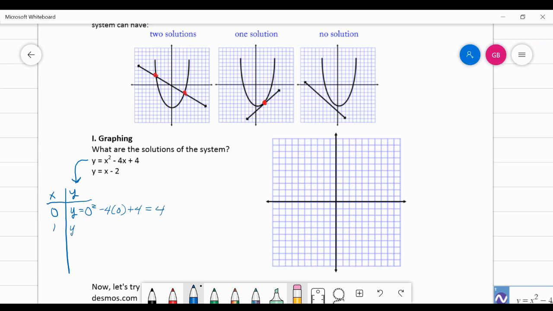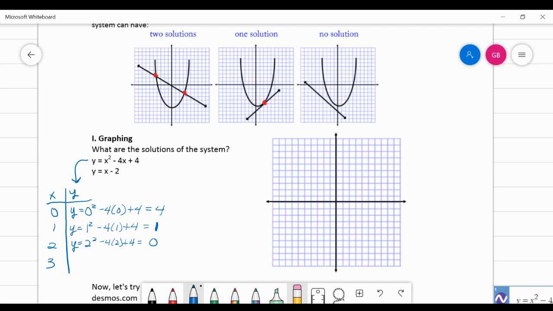If x is 1, then 1 squared minus 4 times 1 plus 4, that's going to be 1 minus 4 is negative 3 plus 4 is 1. If x is 2, then 2 squared minus 4 times 2 plus 4, that's going to be 4 minus 8 plus 4, that's going to be 0.